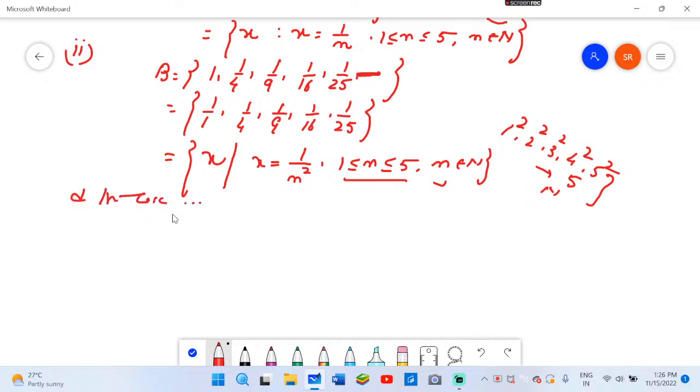In case dots are there, it will be x such that x is 1 by n square, and n belongs to the set of natural numbers. Then we will not be putting this condition. This condition is restricting us to move up to n is equal to 5 only.